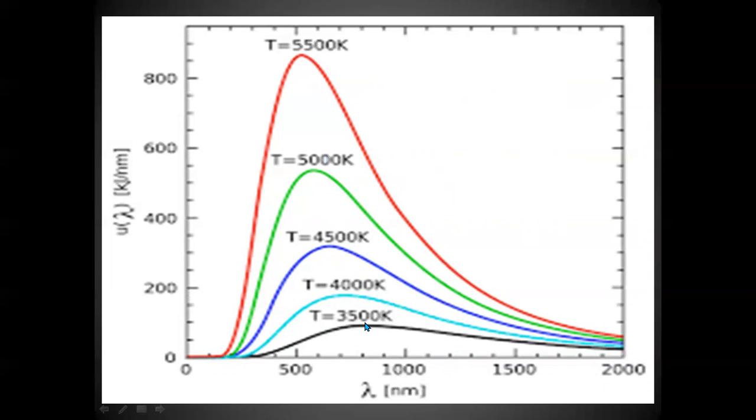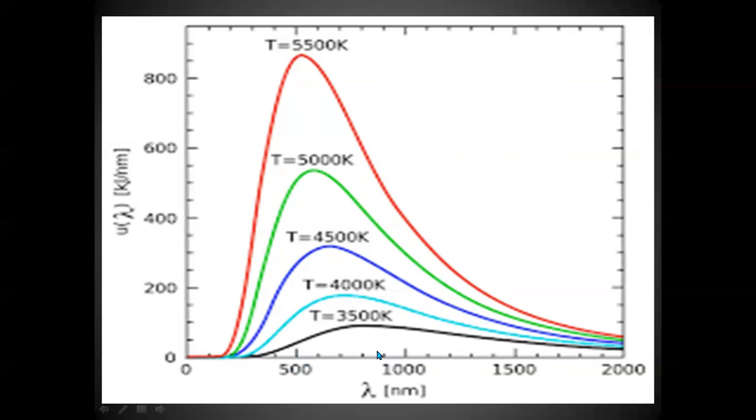If you see this, the peak is about 800 to 900 nm in the case of temperature at 3500 K. Now if you consider 5500, it is here.